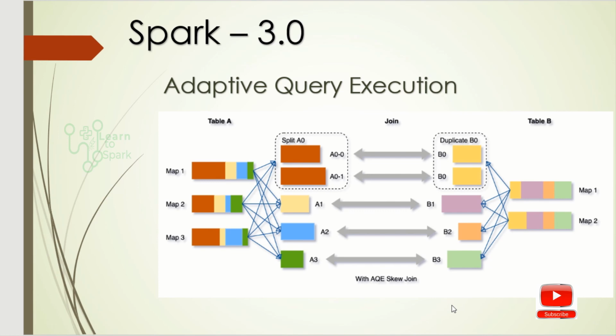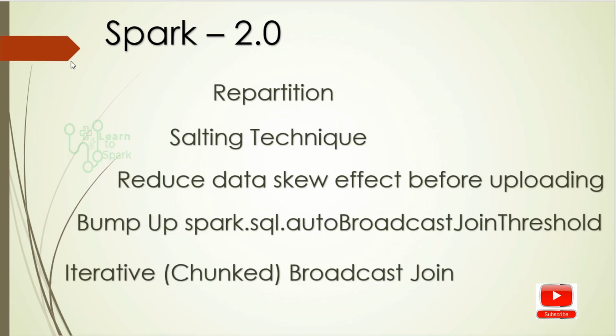We can go for 2.0 as well. What are the options available in the 2.0 version? In 2.0, we can use repartition, by which we can increase the number of partitions, which helps to distribute the data over the cluster equally.